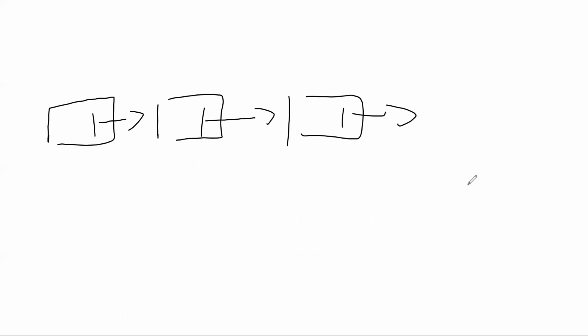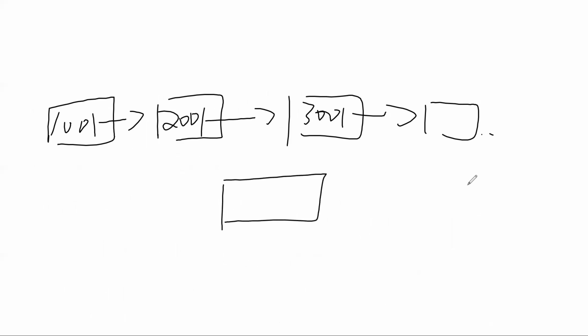So that's the second case. The third case is over here. So this is 100, 200, 300, and something else. Suppose this time you have 250, and you want to insert the 250 between 200 and 300. So how do I do that?